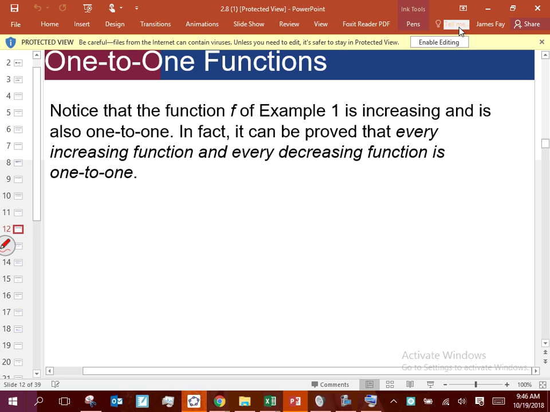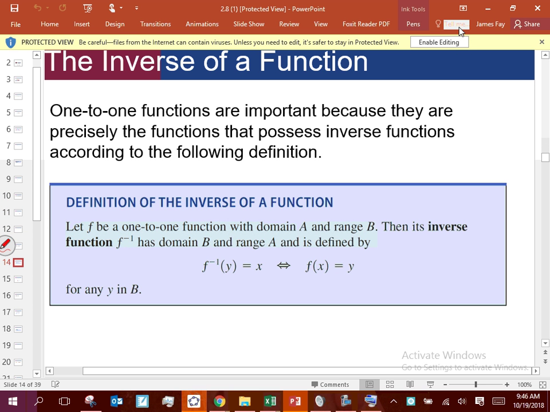Like I said, why is that important? One-to-one functions are the only functions that can have inverses, or that do have inverses. Okay?